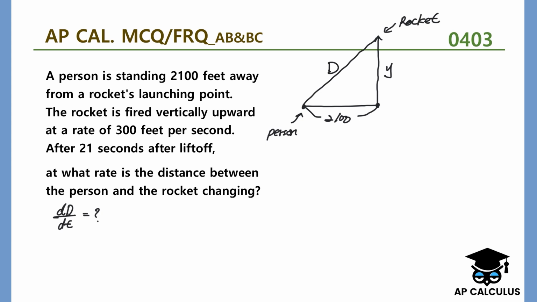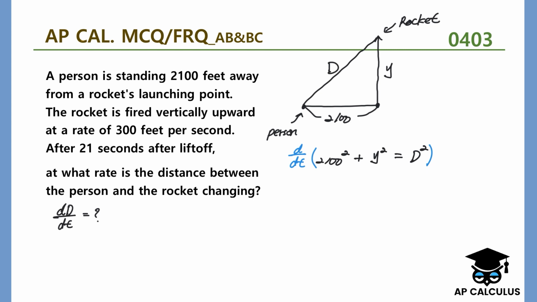So we must write the equation that includes the variable d and y. We're going to use this rate right here. Let's write the equation using the Pythagorean theorem. 2100 squared plus y squared is equal to d squared. Let's differentiate this equation with respect to time t.